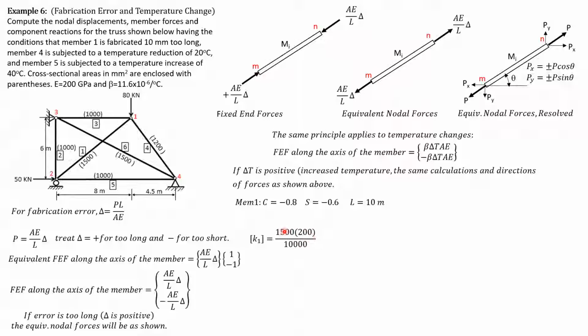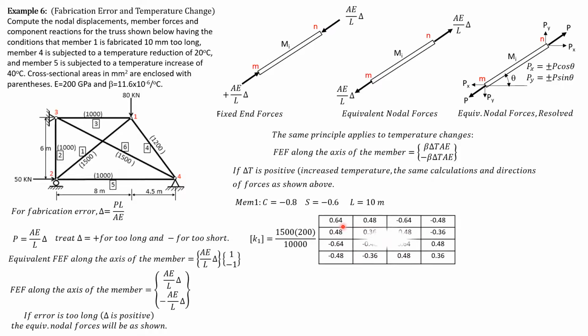So the area 200 divided by 100, divided by 10,000, the length of member 1, multiplied by the square of cosine 0.64, then CS 0.48, the negatives, then this is CS 0.48, this is S squared, which is 0.36, then their negatives, and copy this 2 by 2 matrix here.